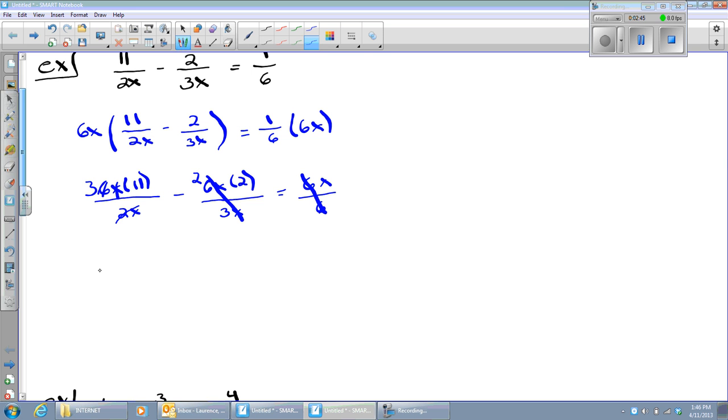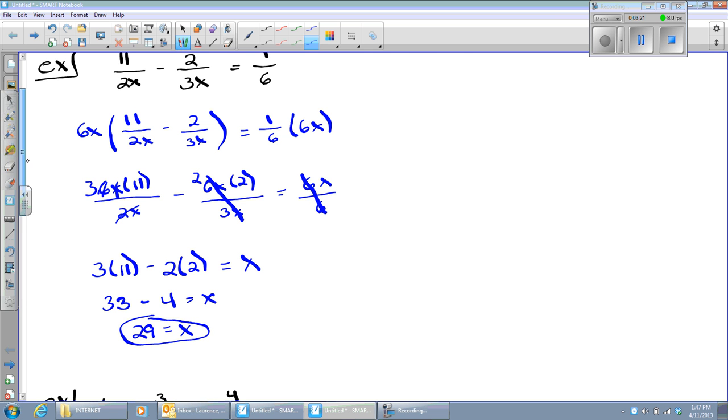Okay, so now after all that canceling, we are left with 3 times 11 minus 2 times 2 equals x. We evaluate this. 3 times 11 is 33 minus 4 equals x. 33 minus 4 is 29, so x equals 29. This is our final answer.